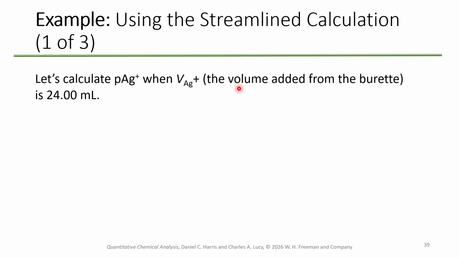Okay, go ahead and start working on that. Make sure you can do that calculation. So the first thing you always want to check, are we before equivalence point, at, or after?